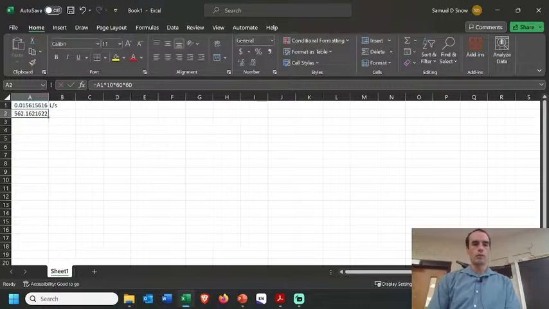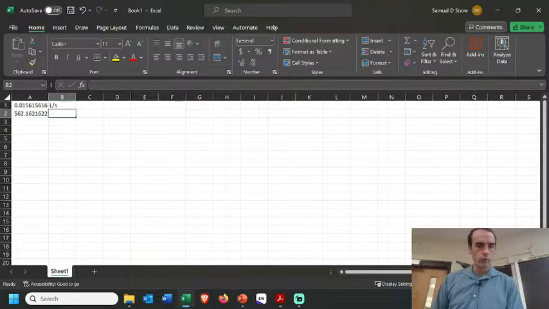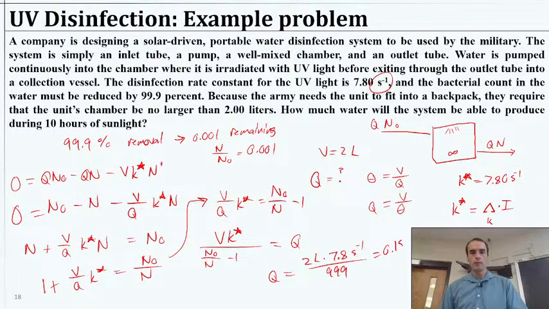Should give us 562 liters produced over the course of 10 hours. This was 0.156. And so Q times 10 hours times 3600 seconds per hour, 562, I think.